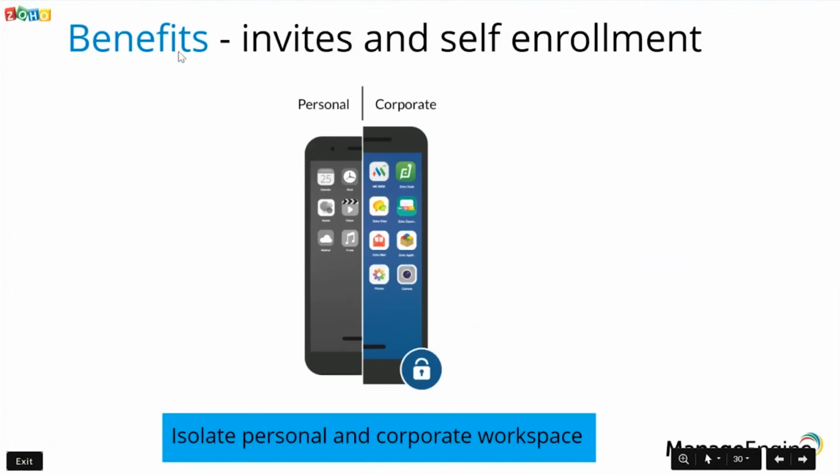So let's take a look at the advantages of both of the enrollment methods I mentioned, that is enrollment with invites or self-enrollment. The advantage of this is that you can completely isolate personal and corporate data, meaning that your personal applications, content, images have nothing to do with your corporate data. You are securing the corporate data on the device while separating personal data.